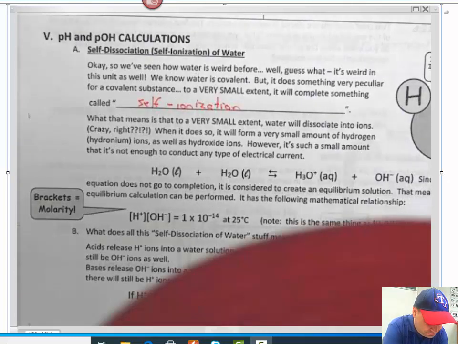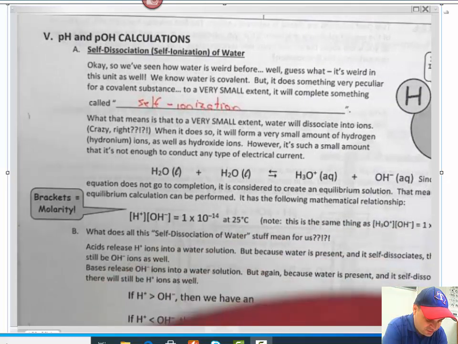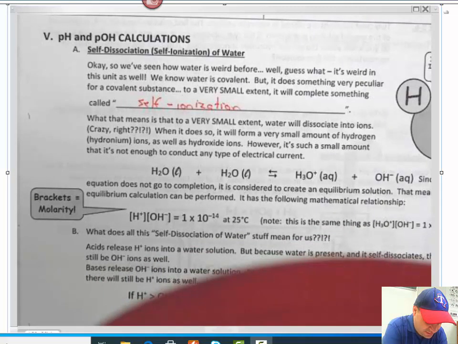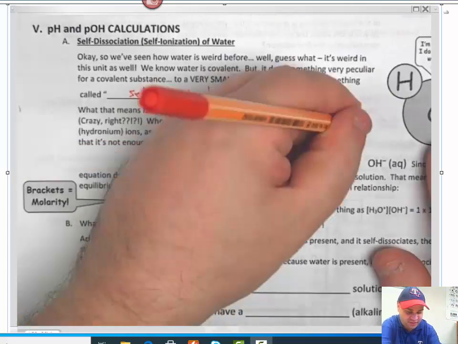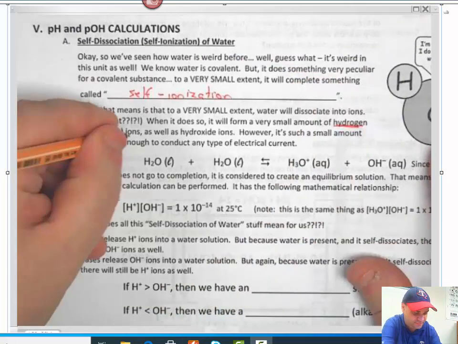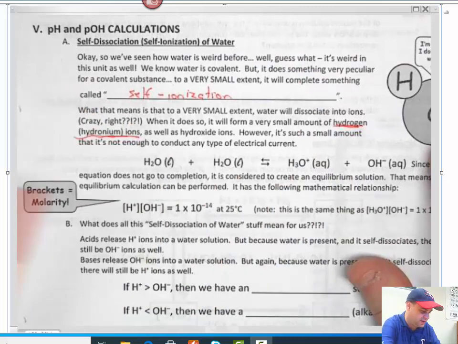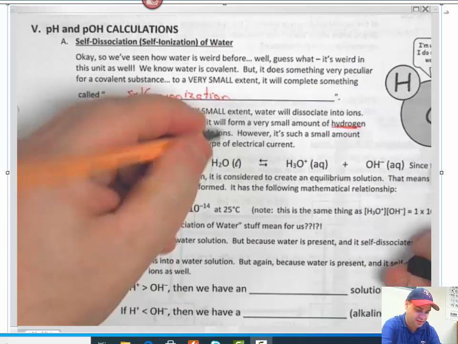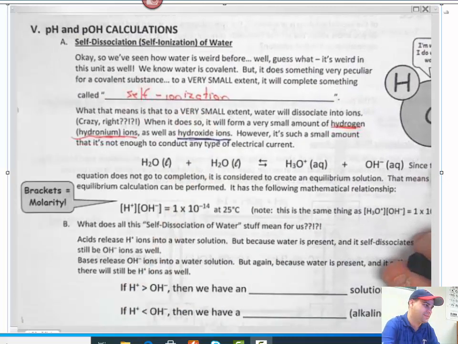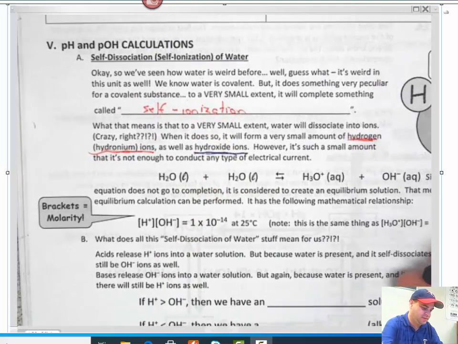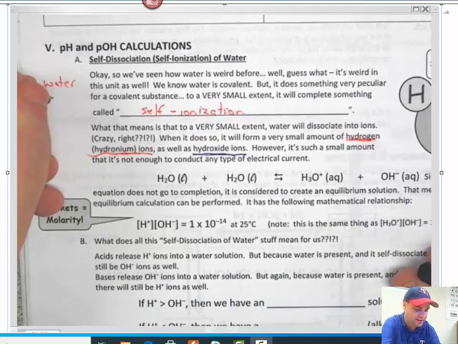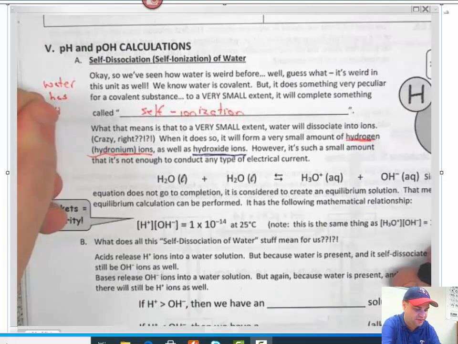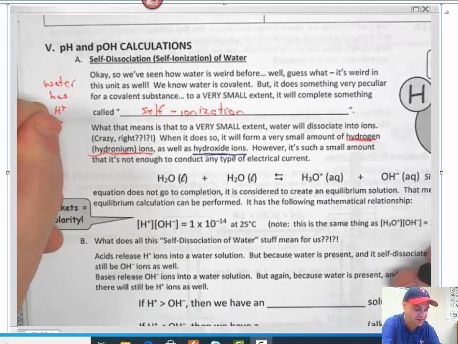What this means is water, to a very small extent, will dissociate into ions. It will form a very small amount of hydrogen ions, as well as hydroxide ions. So water has H plus ions, which make it act like an acid.